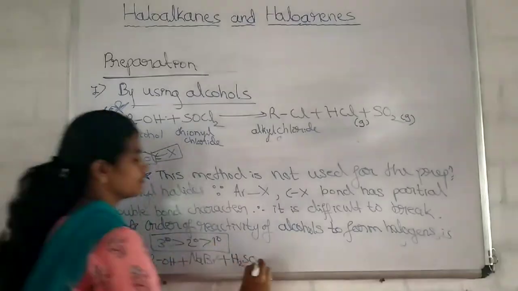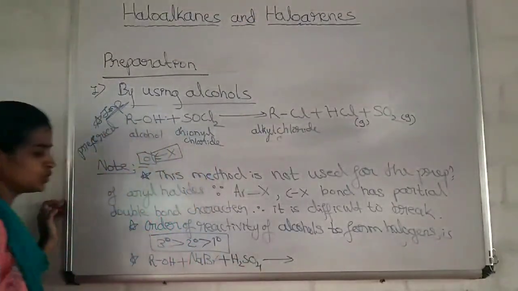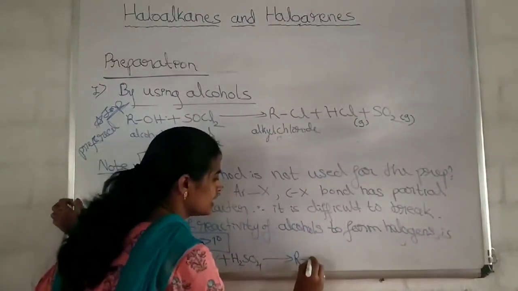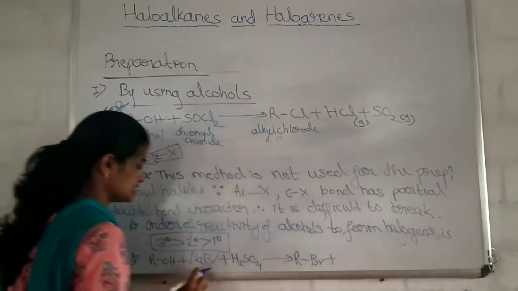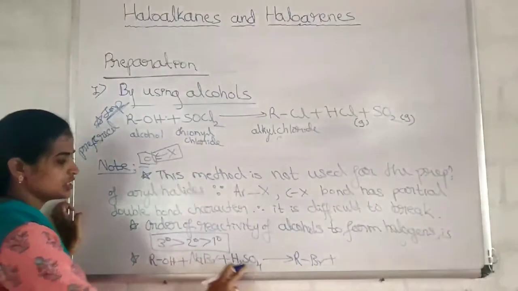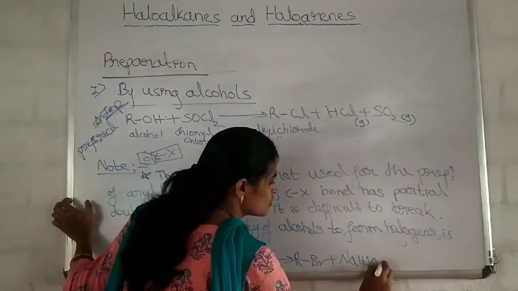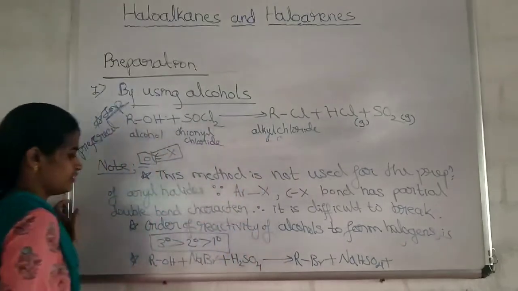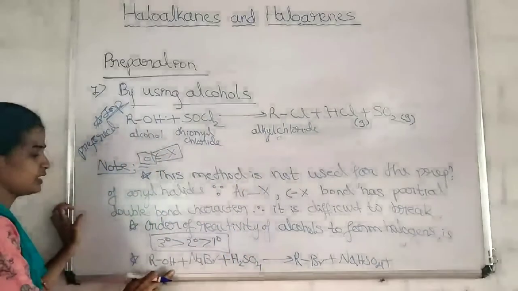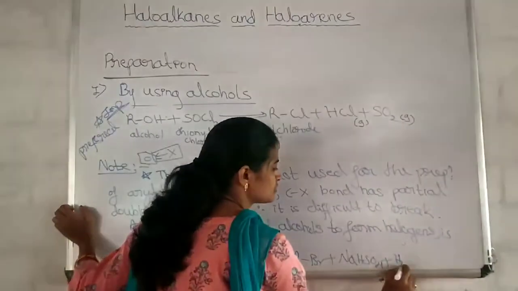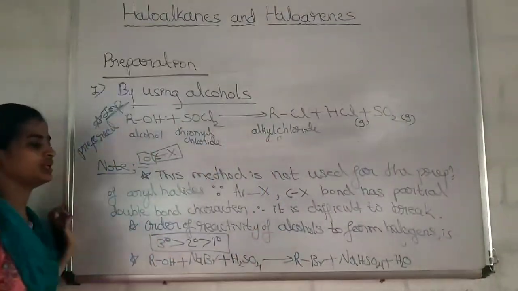They have used H2SO4 to give alkyl bromide, plus sodium hydrogen sulfate, NaHSO4, as a side product, plus H2O. This is also one of the reactions given in your NCERT.